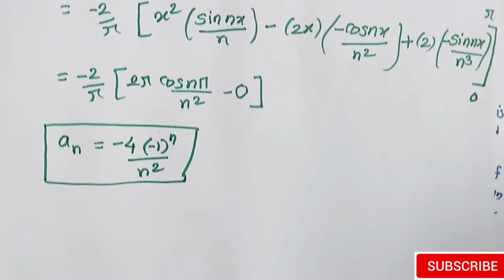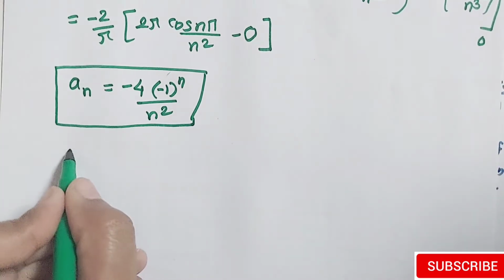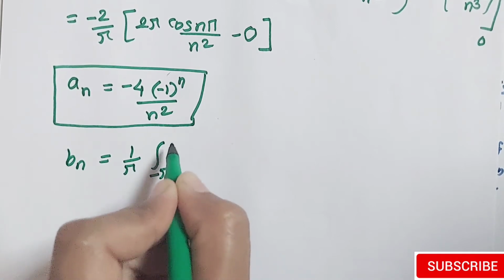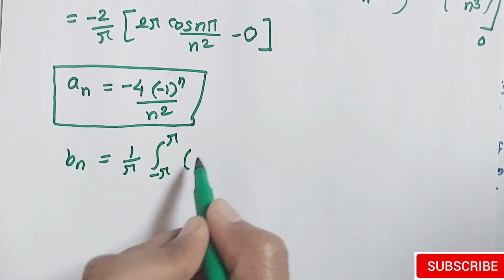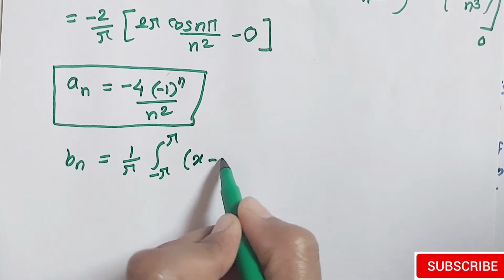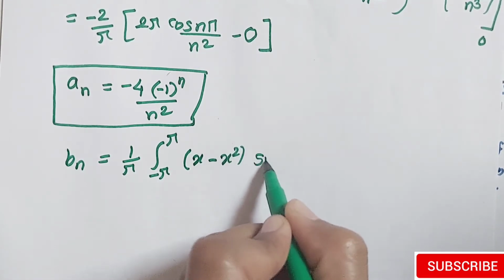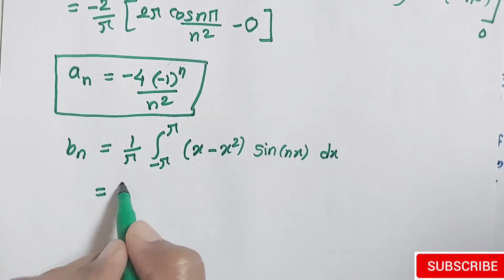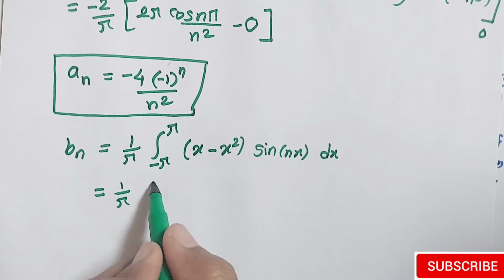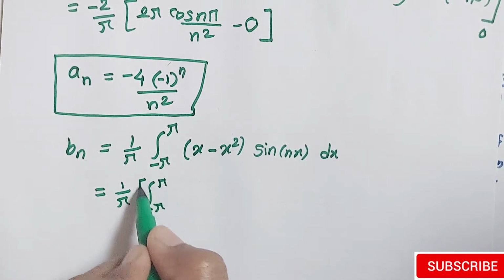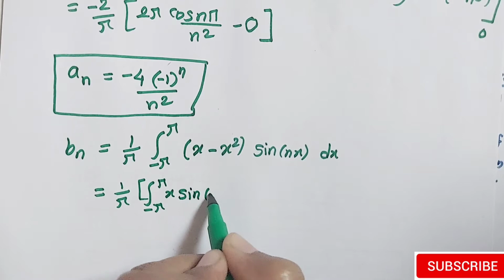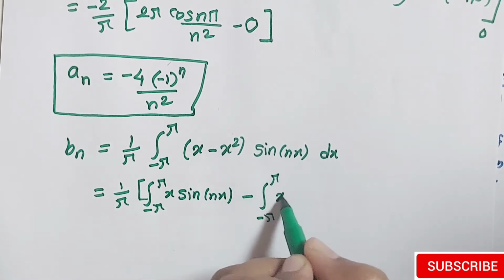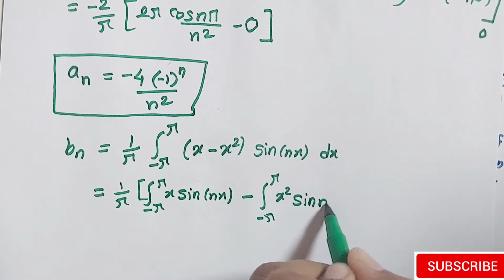Similarly, if we find the value of bn, the formula for finding bn is 1 upon pi integral minus pi to pi f of x. So I will directly write the value here. F of x is x minus x square, times sin nx dx. Again here if we separate the terms from minus pi to pi, the first term is integral of x sin nx minus integral minus pi to pi of x square sin nx dx.